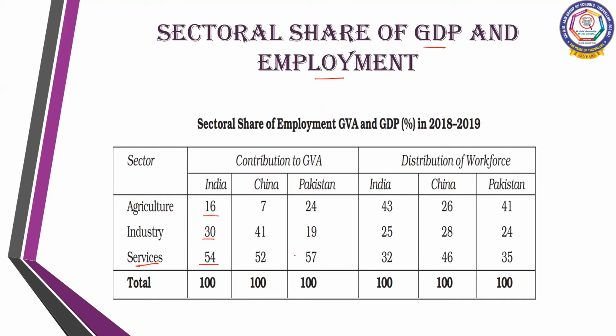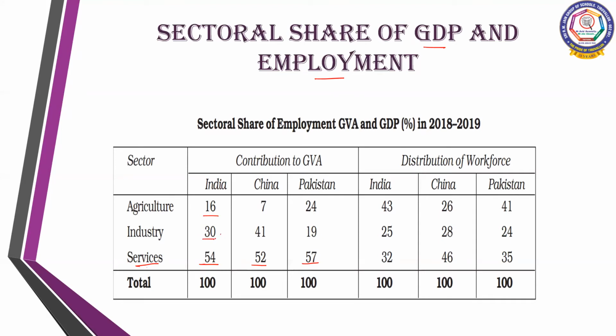The contribution of the service sector to GDP in Pakistan is the highest at 57%, whereas it is 54 and 52 in India and China. In India and Pakistan, the service sector is emerging as a major player of development. However, lesser importance is given to industrial expansion in India and Pakistan compared to China.